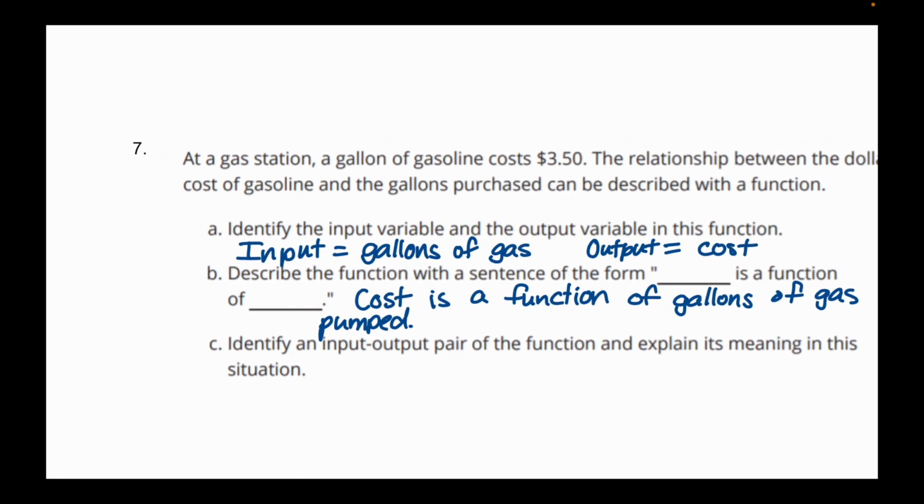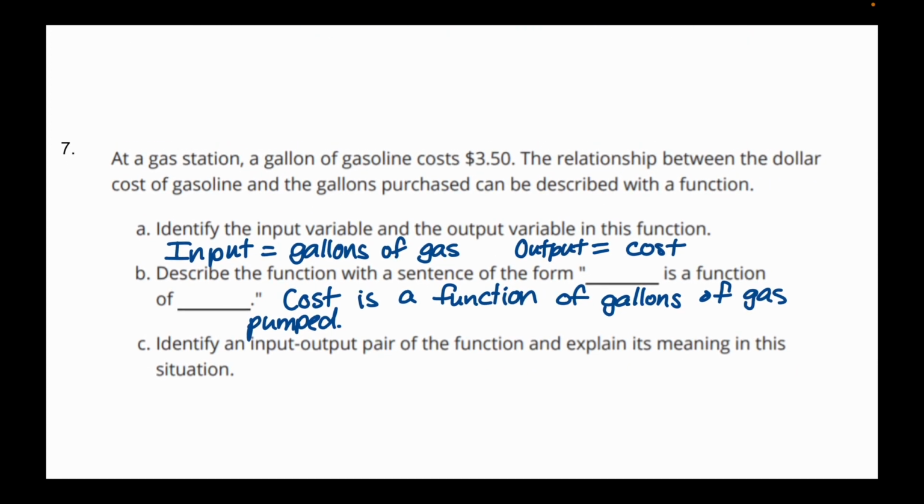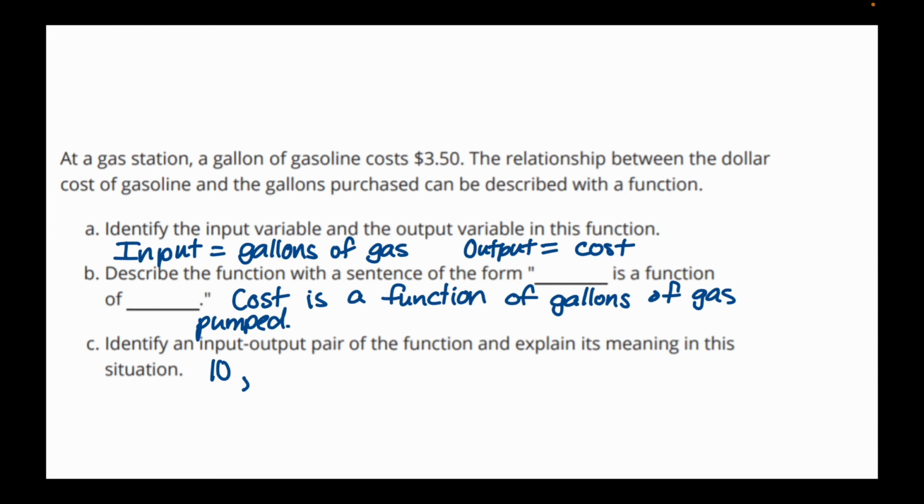I think it holds 10 to 12, so let's say 10, and then if I said that was $3.50 each, it would be 35, so this would mean that 10 gallons costs $35. Wouldn't that be nice? So yeah, 10 gallons cost $35.